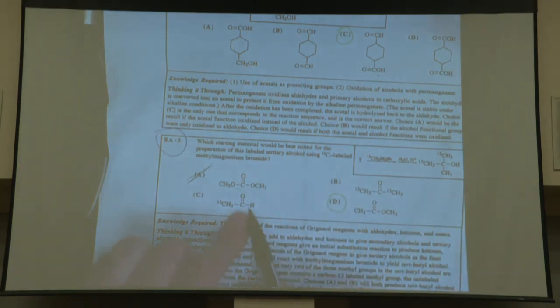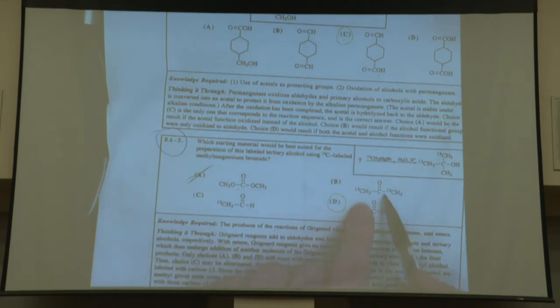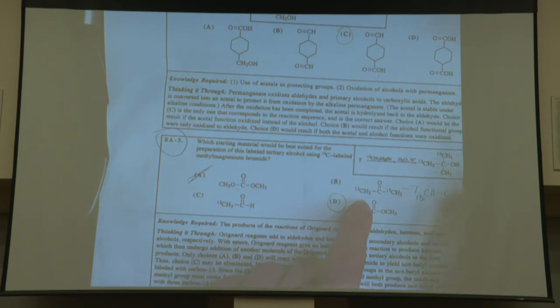Over here, we already have a carbon-13 on it again, right? So that's going to be too many. Over here, we have this ketone that has 2 carbon-13s on it. If you add a carbon to a ketone, it's going to be the same thing where you have too many carbon-13s.